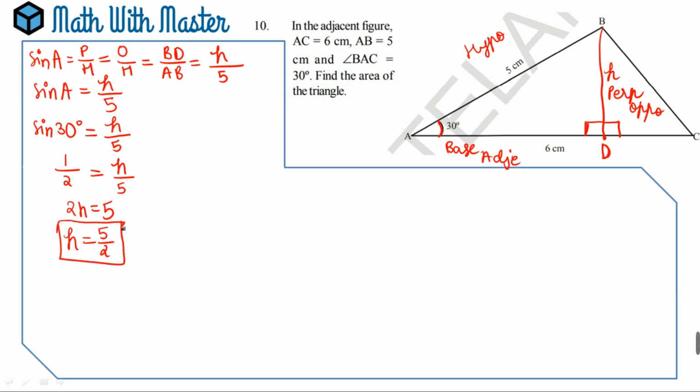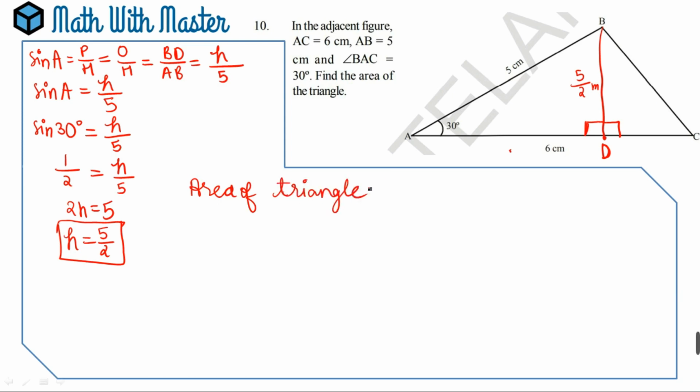So this is the thing we have found. This is 5 by 2 centimeters. So now the area of triangle ABC is equal to half b h, which is equal to half into, what is the base of this triangle?